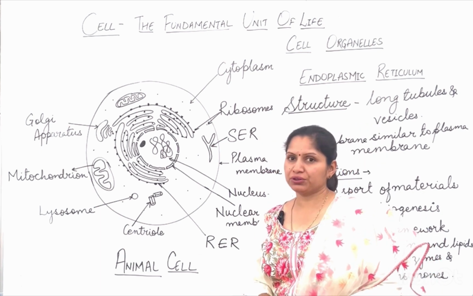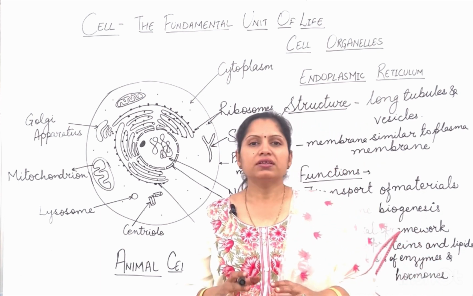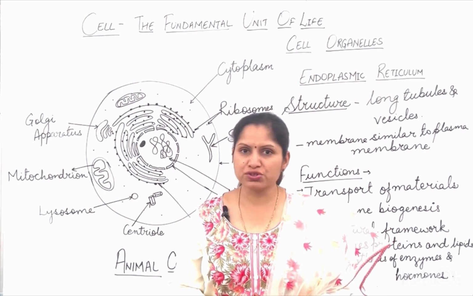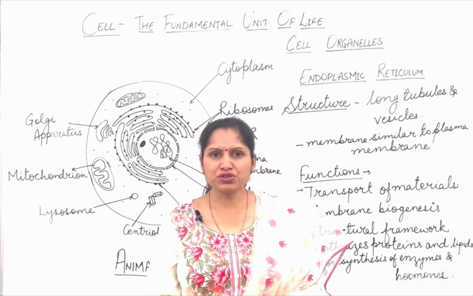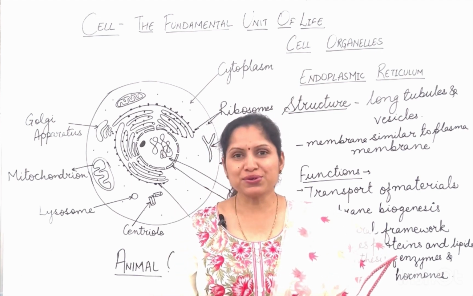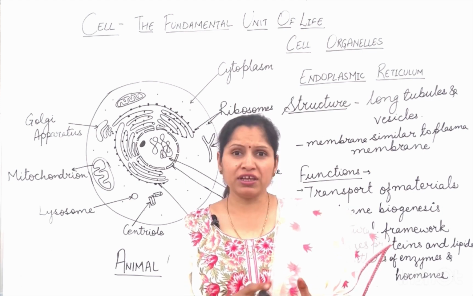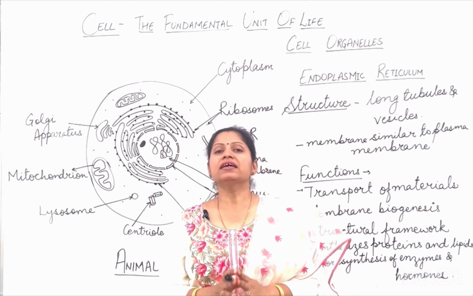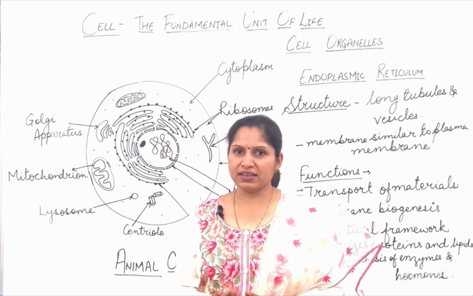Now, this rough endoplasmic reticulum, I told you, contains ribosomes, and ribosomes help in the synthesis of proteins. Ribosomes are also known as the protein factory of a cell. So these ribosomes help in the synthesis of proteins.